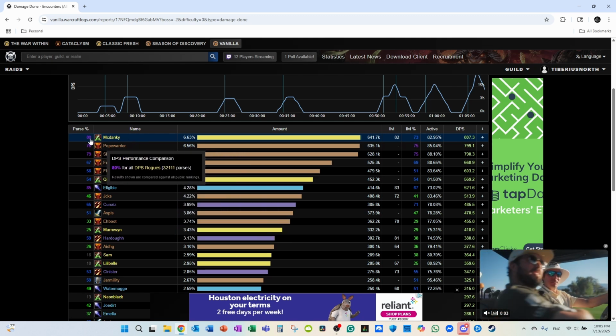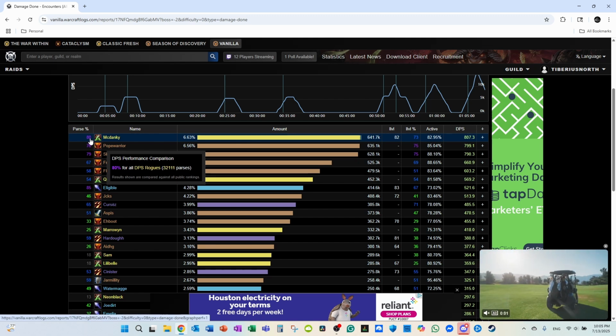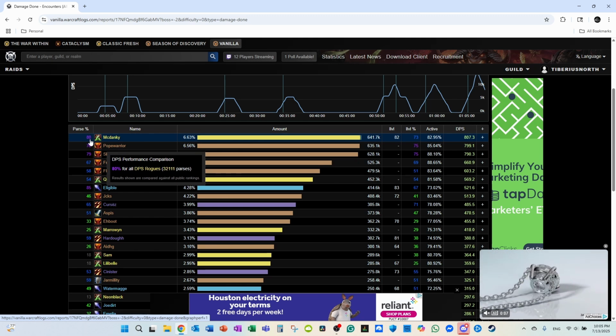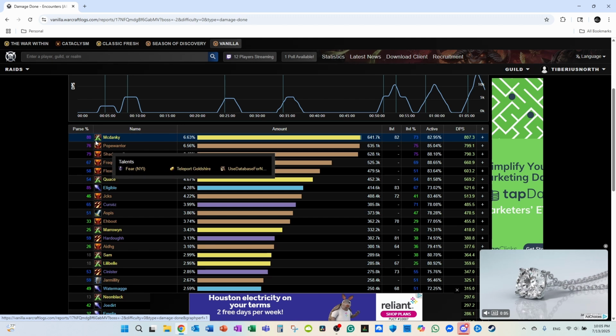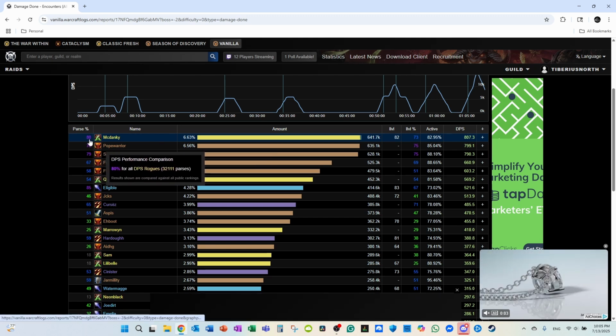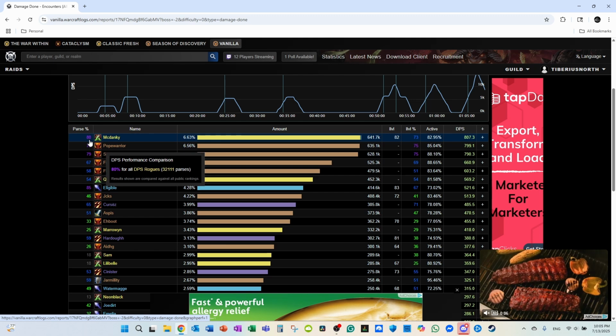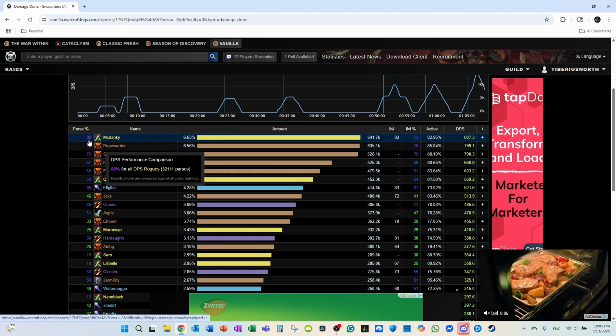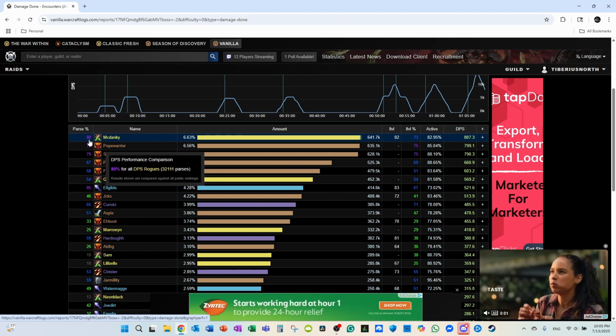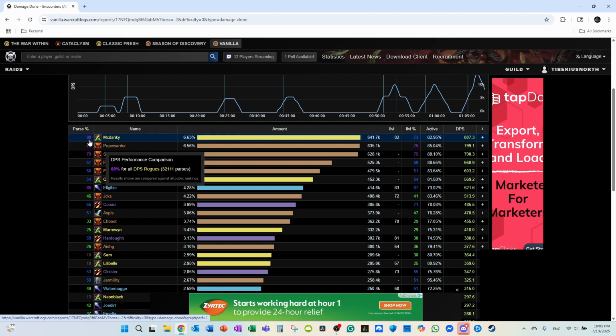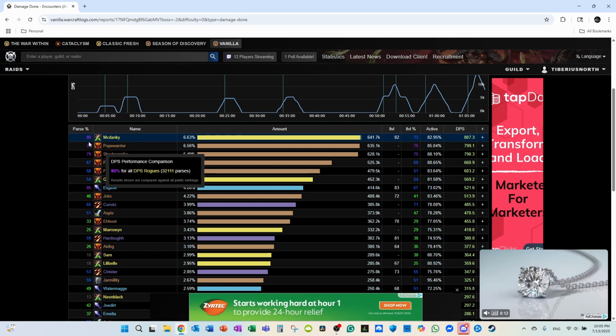And so what 80% means is that this is the 80th percentile for all the logs from, in this case, all DPS rogues. So all rogues doing DPS. So what does 80% mean? Well, it means that's the top 20%, or, out of 100, this is the 80th best damage.